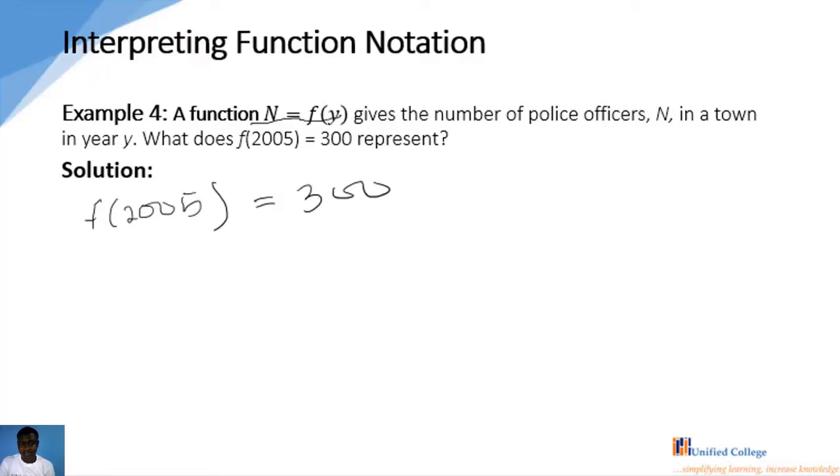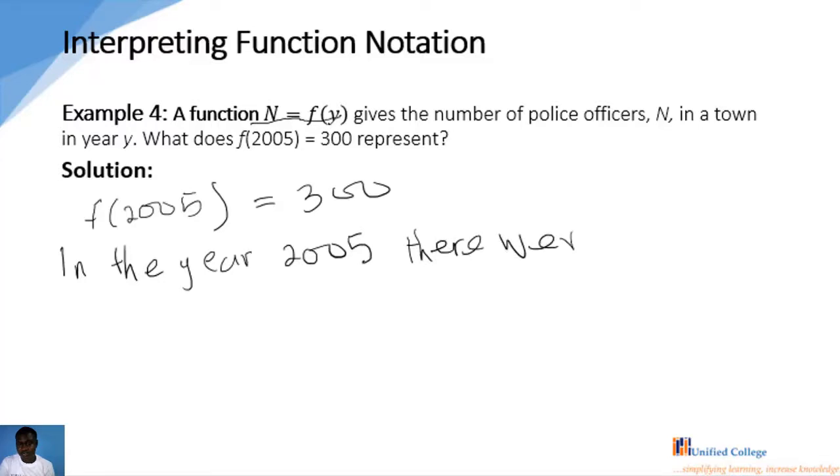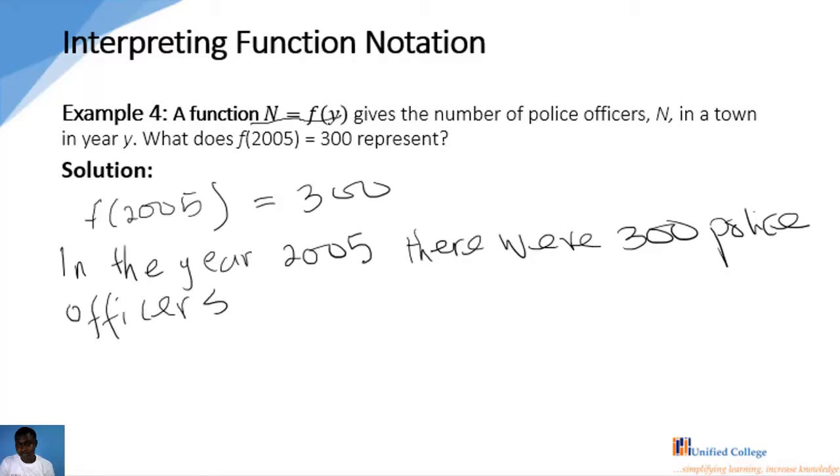The statement f of 2005 equals 300 tells us that in the year 2005, there were 300 police officers in the town. As simple as that can be.